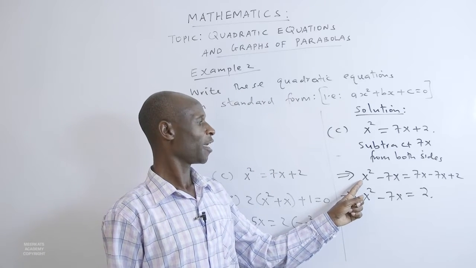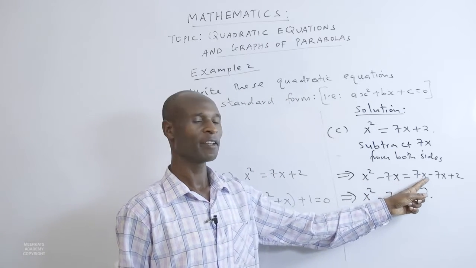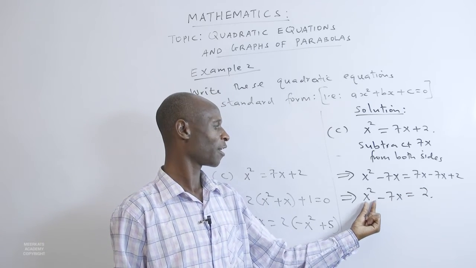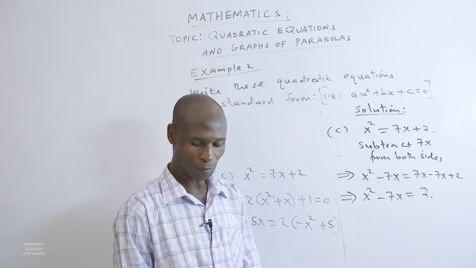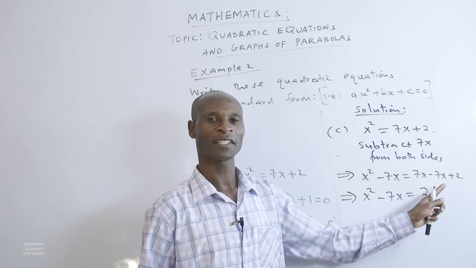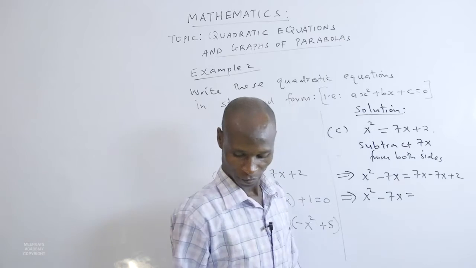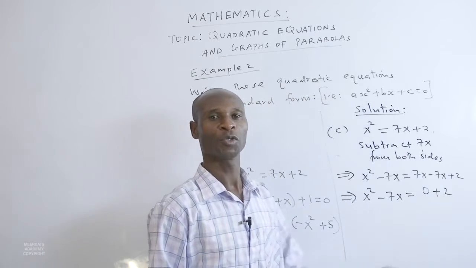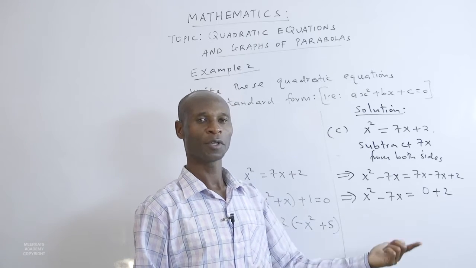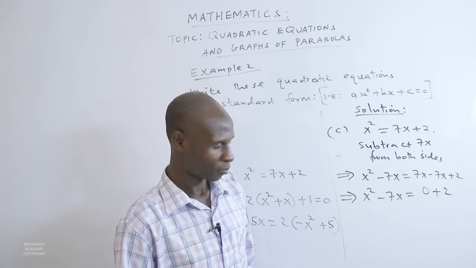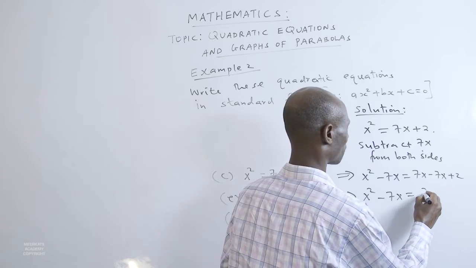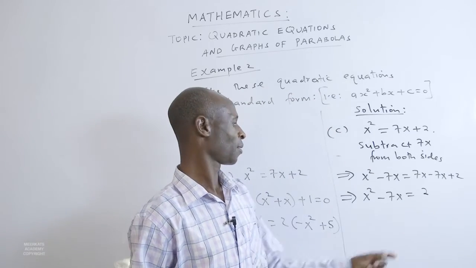So we shall have x squared minus 7x is equal to 7x minus 7x plus 2. So on the left-hand side, we shall have x squared minus 7x is equal to, when we take 7x minus 7x, a 0, then plus 2. And 0 plus 2 is 2. So we just write 2.